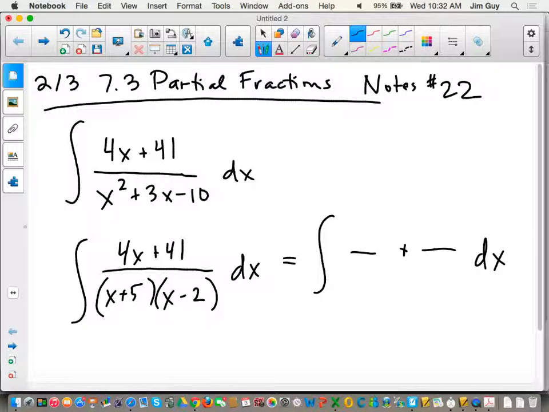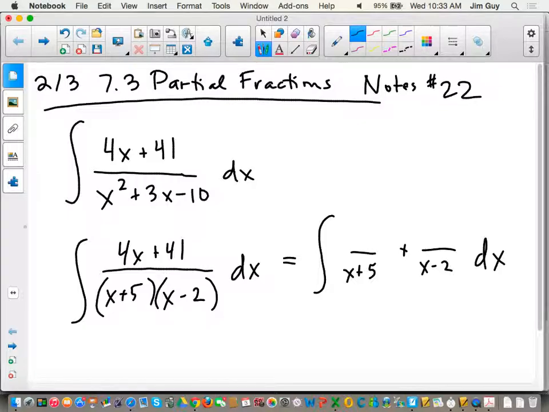Our two denominators, one will be x plus 5, and one will be x minus 2. Now, what you can't do is just cut it in half and draw a line between the two and put 4x over x plus 5 here and 41 over x minus 2 over here. You can't do that, even though some people will try. That's not algebraically equivalent.